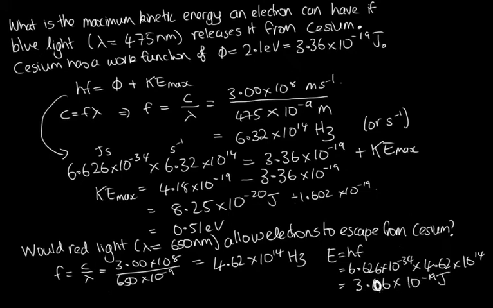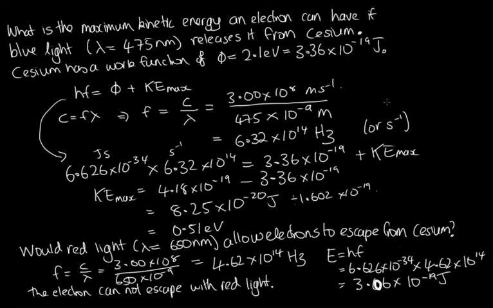Now the work function is 3.36 times 10 to the minus 19. So this red photon here doesn't have enough energy to allow the electron to escape. So the electron cannot escape with red light.